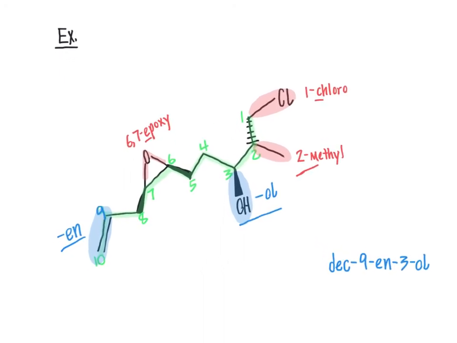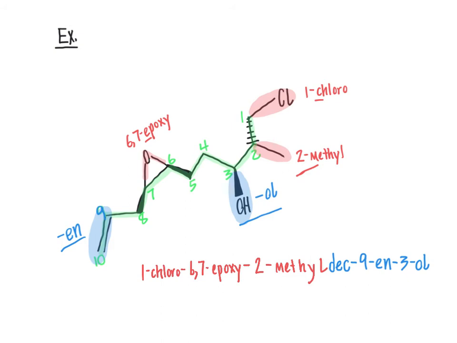So let's go ahead and list that out. 1-chloro, 6,7-epoxy, keeping this in alphabetical order, followed by 2-methyl, and the word methyl should really run directly into the word dec-9-en-3-ol.